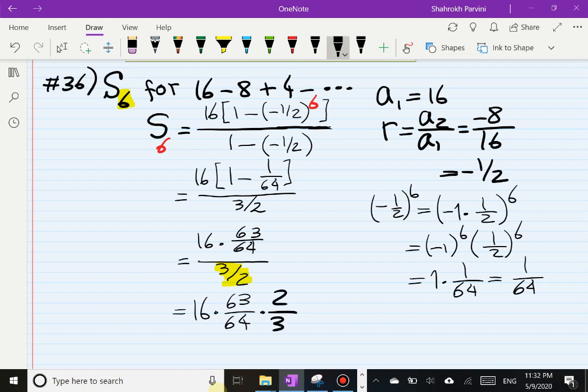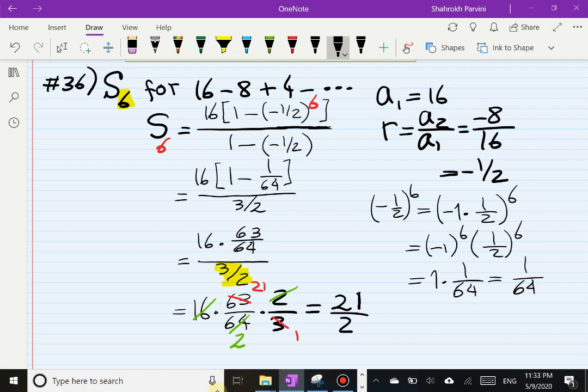Okay. Now, we can actually simplify some things here, can't we? So for instance, 2 times 16, 32, divided by 64, that makes it 2 on the bottom. 3 and 63, we can divide the 3's out, and that's 21. So all said and done, in the numerator, I just have 21, and in the denominator, I have 2.